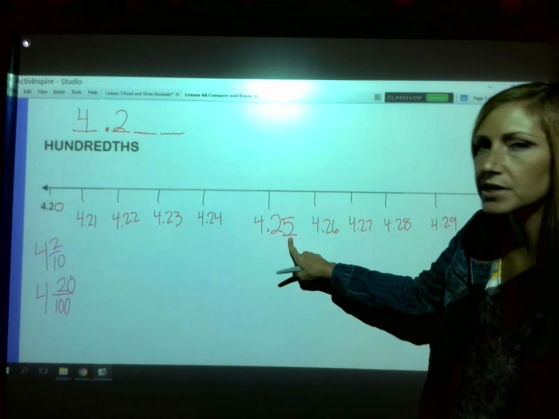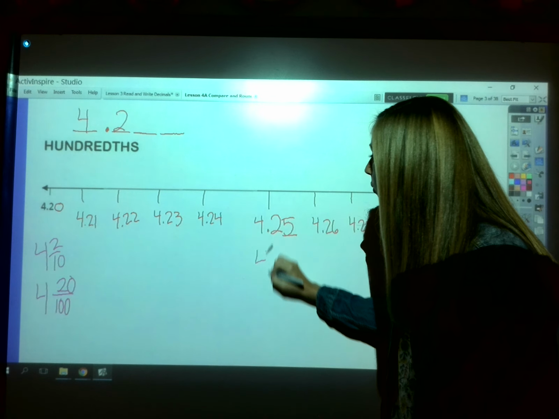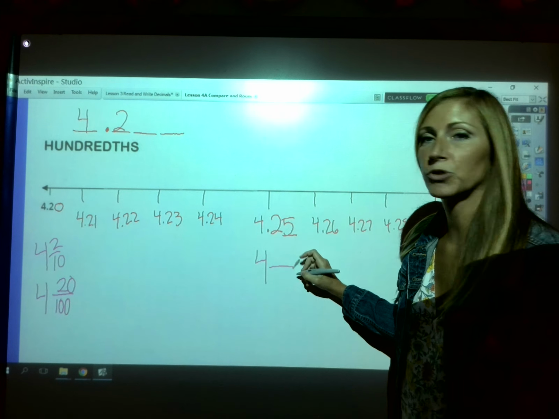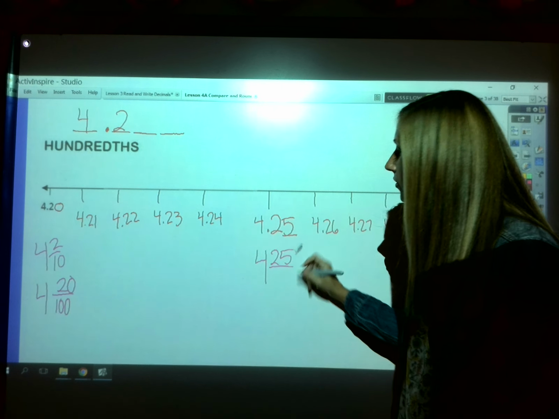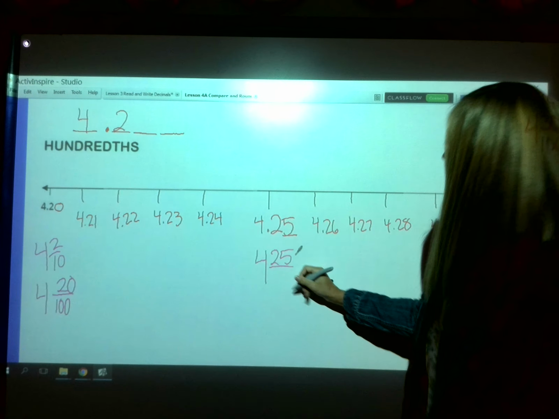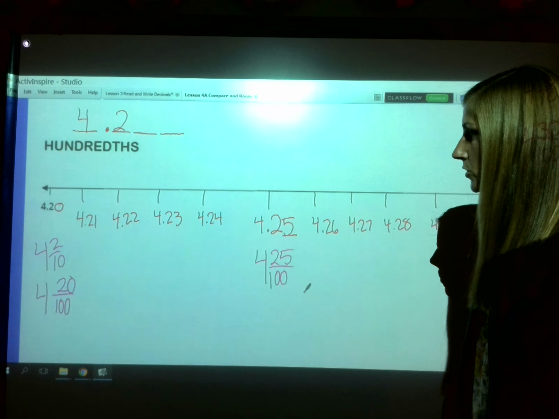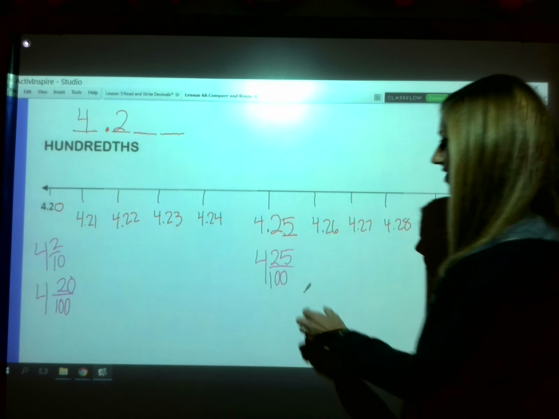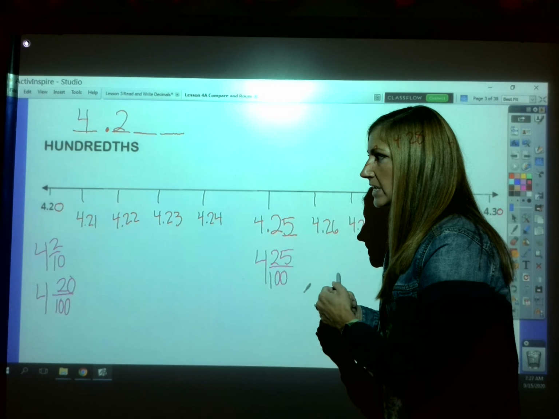How would you write this one as a fraction? We would have 4, and your numerator would be 25. What would your denominator be? Hundredths. Okay? So sometimes we need to look at these values being the same so that we can compare them, right?